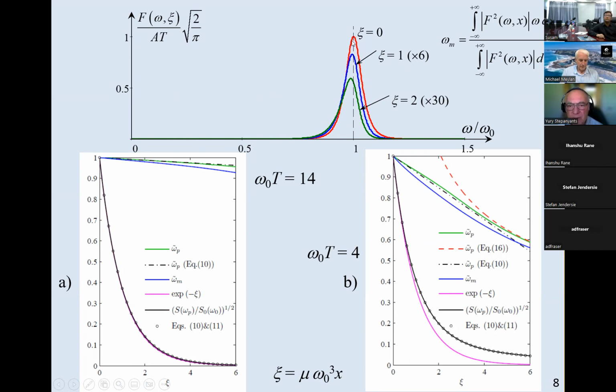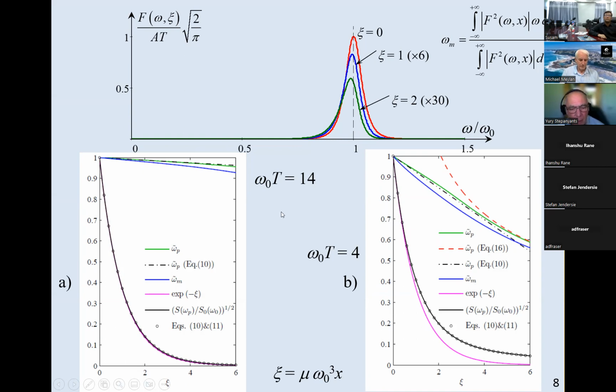So, as we can see, there is a frequency shift, but this frequency shift can be explained by non-uniform decay of frequency components on the left of the central part and on the right of the central part.